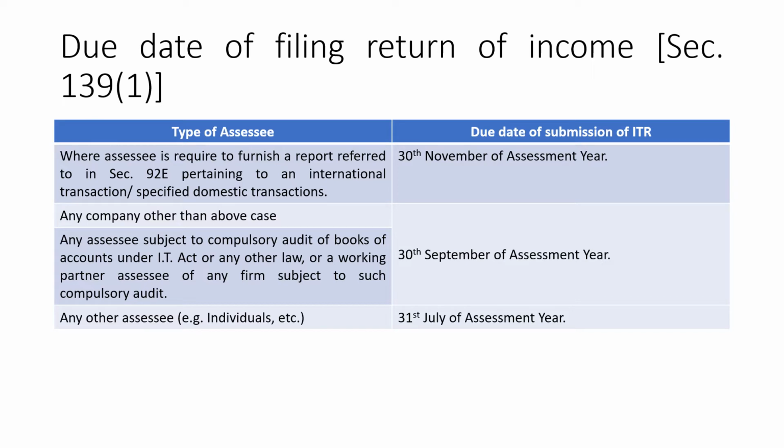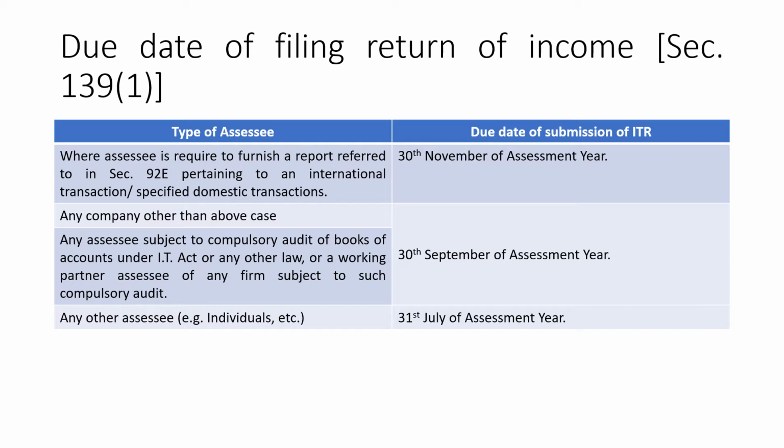For assessees who are having international transactions or specified domestic transactions as specified under section 92E, the due date for submission of ITR shall be 30th November. For example, for assessment year 2017-18, the due date shall be 30th November 2017.